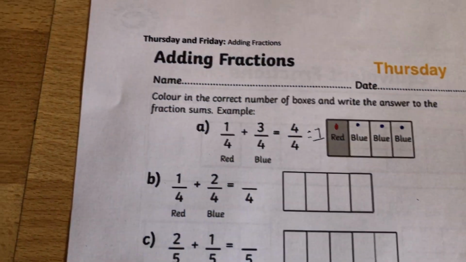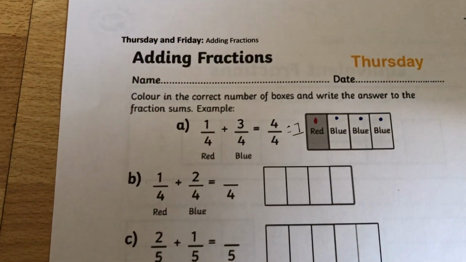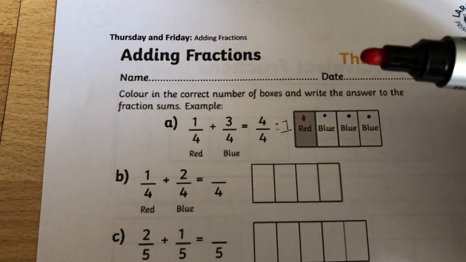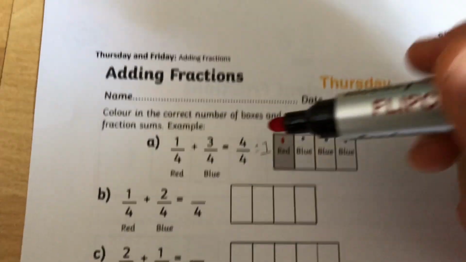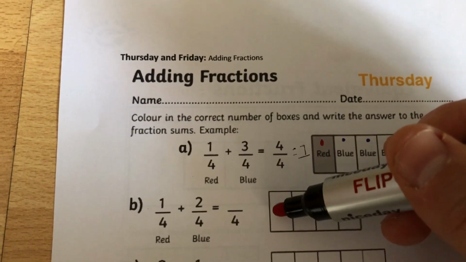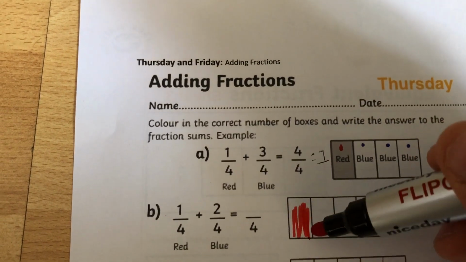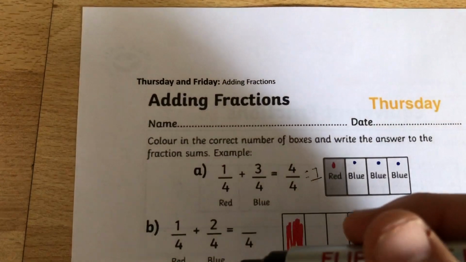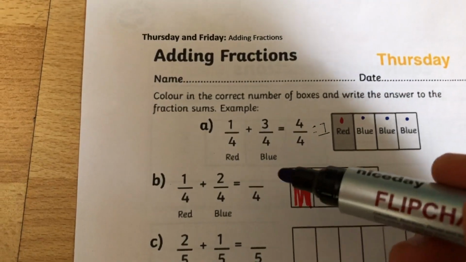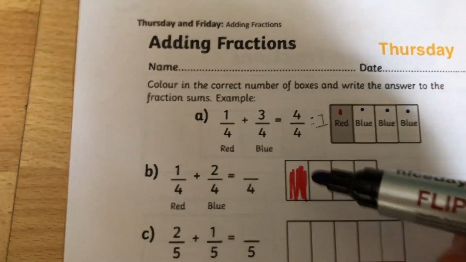Okay. Let's look at this one right here. Let's look at B. So it says 1/4 are going to be red. I'm going to take my red here. I've got 4 equal portions, but only one of them is meant to be colored red. Okay. And 2/4 are going to be colored blue. Now, I'm not going to color over this one in blue because I've already colored that red.